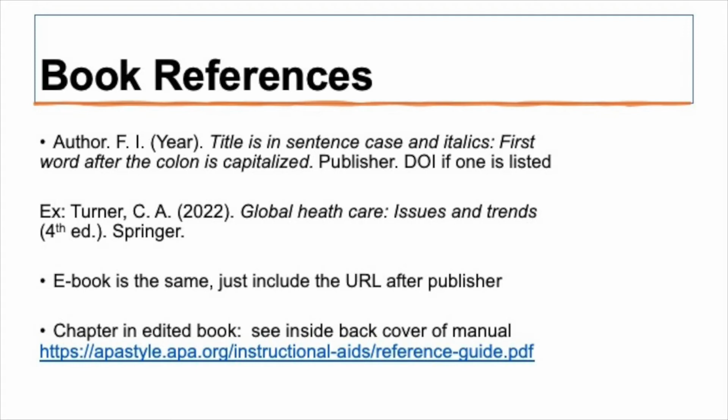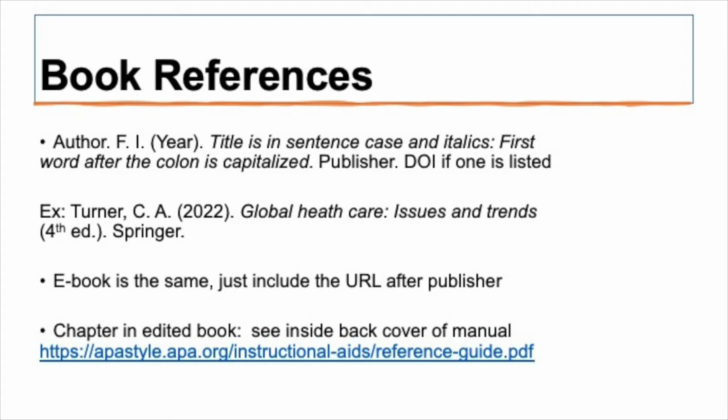The big difference with the books for those of you who are doing APA 6th edition versus 7th is that in the old edition, we used to have to put the location of publication. When 7th edition came out, they got rid of that, so it's a little bit easier, and all we have to put now is the actual name of the publisher.